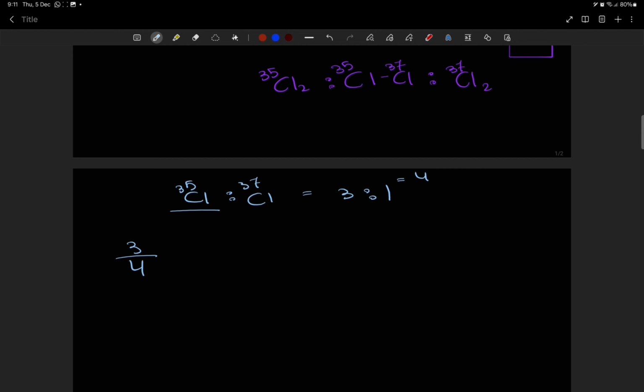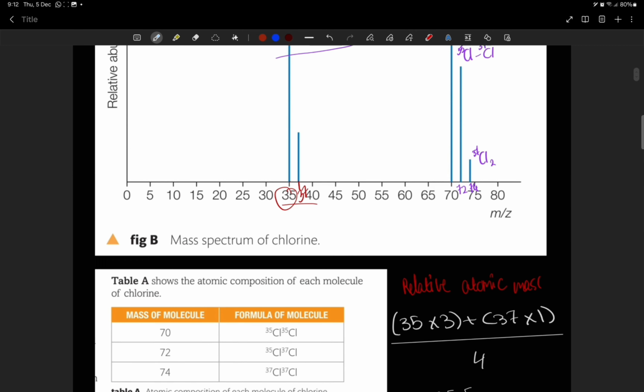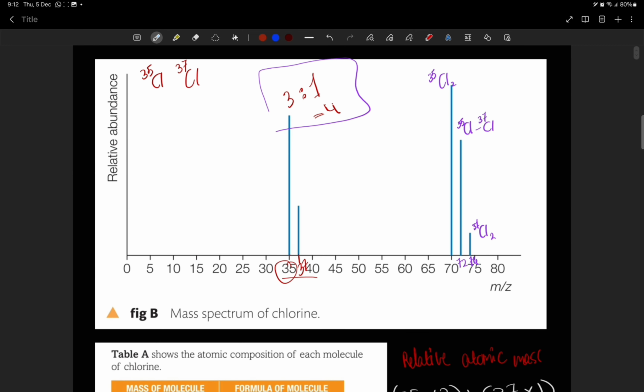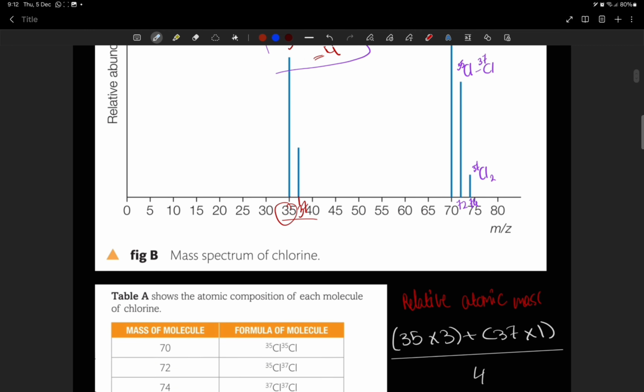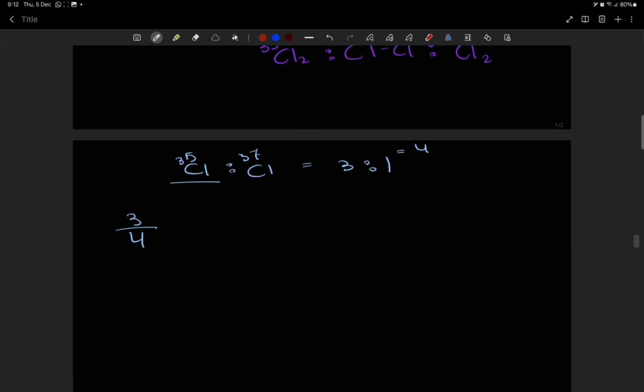This is the chance of me finding it, okay? Because the total ratio is 4, and 3 out of these 4 times I'll find Cl35. Okay, how do I use this? I said that my first peak on the molecule side is formed of two chlorine 35 bonded together, right? Which means I need to know the chances of two chlorine 35 bonding together. How do I know that?